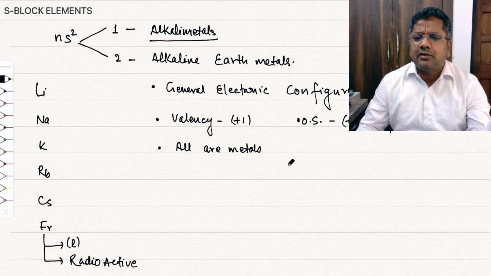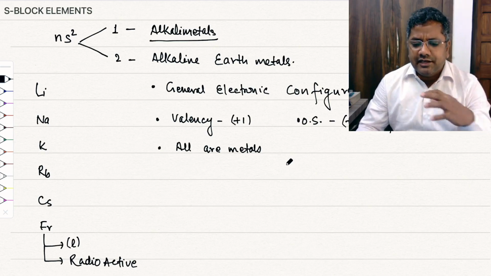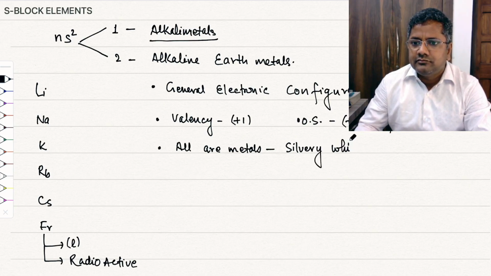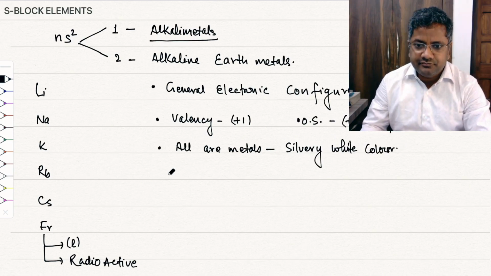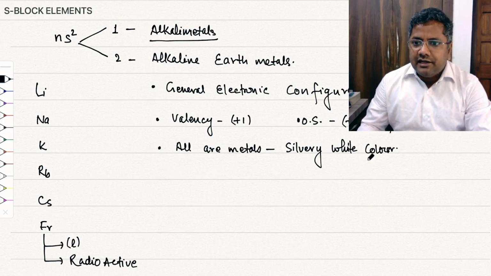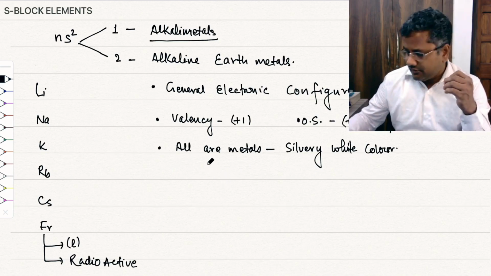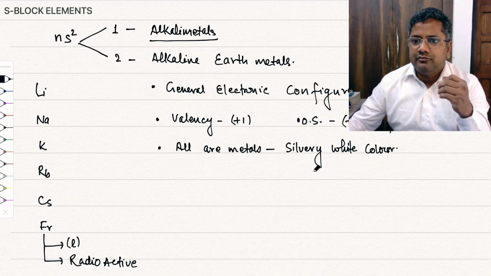So all the properties of metals they have, right? And silvery white color, right? And metallic character increases down the group.